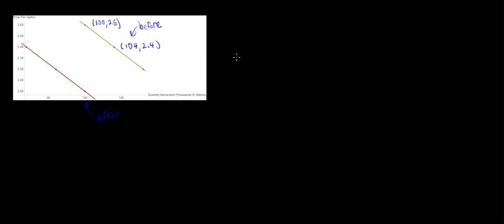So we can use point slope form of a line, which says that P minus the price of 1 point, 2.5, is equal to the slope, and the slope is given by 2.4 minus 2.5 over 104 minus 100, times Q minus the demand at that point, 100. Okay, and we can simplify this.